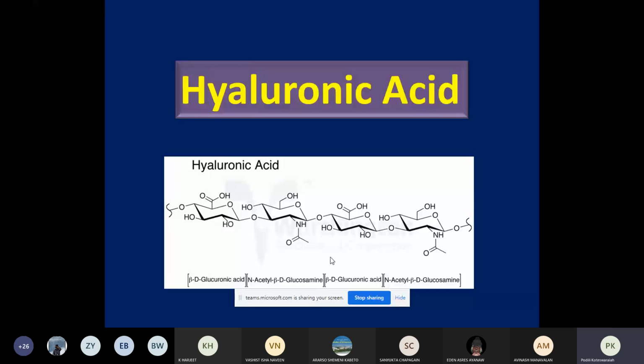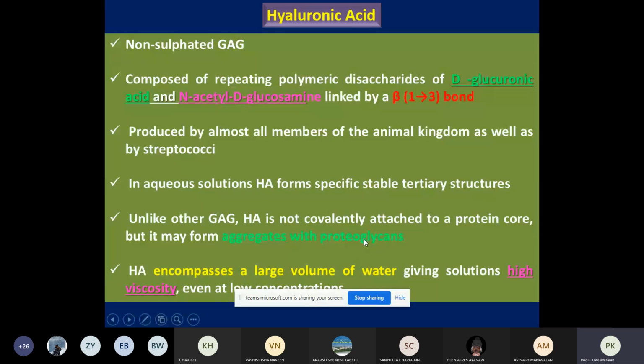So the first one is hyaluronic acid, and this hyaluronic acid is present in all living organisms. Chemically it is a polysaccharide made up of several disaccharide repeats of D-glucuronic acid and N-acetyl D-glucosamine.